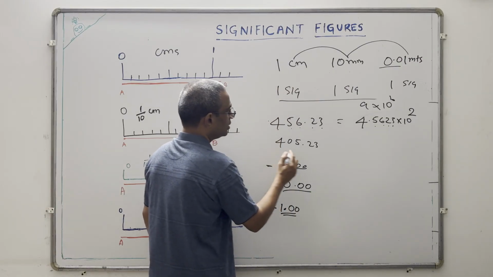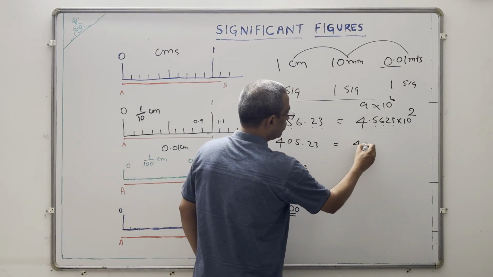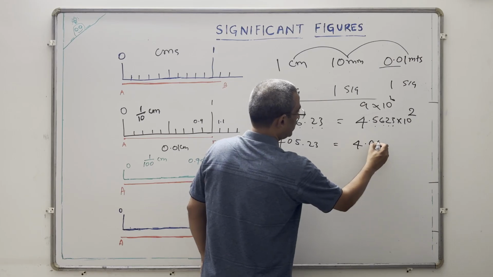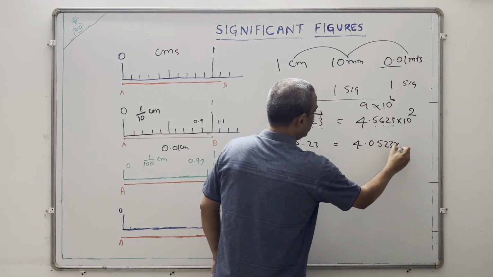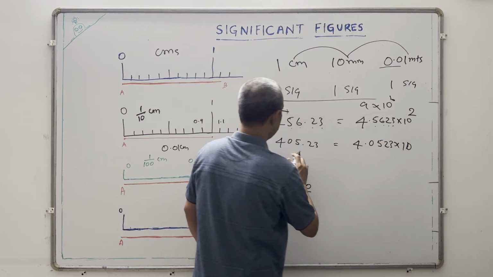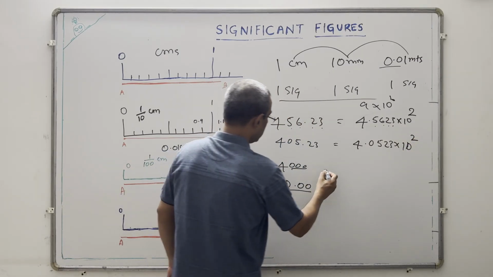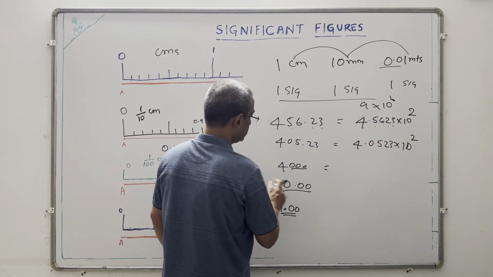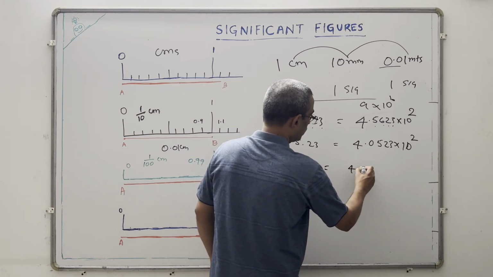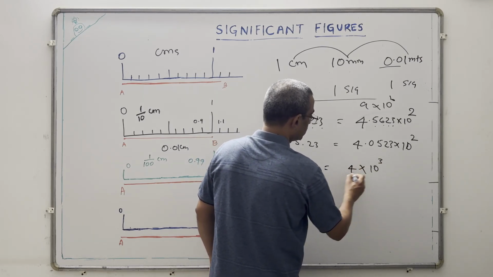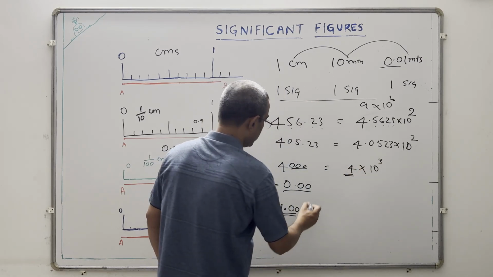Similarly here, this can be written as 4.0523 into 10 to the power of 2. This one here is 4 into 10 to the power of 3. So one significant figure.